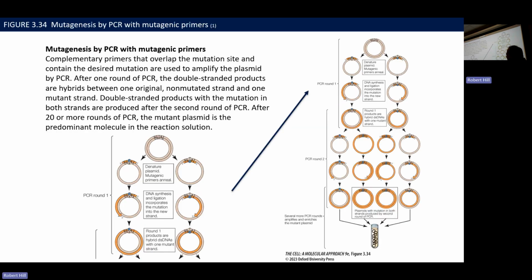Okay, so you can see here, here's your primer, which is the orange thing. And it's got a different nucleotide there, one that is not complementary to the T here. Right? So over successive rounds of amplification, now you're adding that extra nucleotide. It's called site-directed mutagenesis, and it's site-directed because it's very specific.